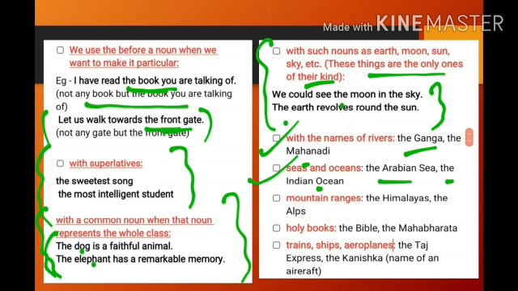You all have to remember all the points. Okay. The mountain ranges, the Himalayas, the Alps. Holy books, before the names of the holy books also we can use the Bible, the Mahabharata, the Ramayana. And before the names of trains, ships, aeroplanes also we can use the Taj Express, the Kanishka, like this.